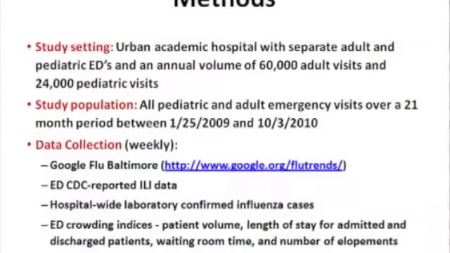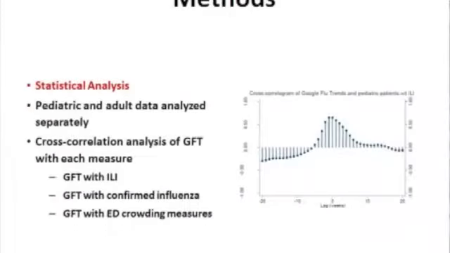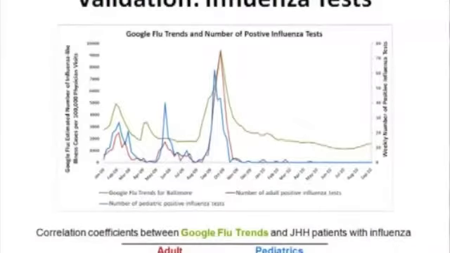We downloaded Google Flu Trends off the internet, which is incredibly easy to do, along with confirmed influenza cases, ILI cases that are reported to the CDC, and basic ED crowding metrics. Then we did a cross-correlation of each of these metrics with Google Flu Trends, allowing for different lags to see where the optimal correlation was. That didn't really matter because it was all either 0 or 1 week, meaning the highest correlation was basically in real time with what was happening with Google Flu Trends.